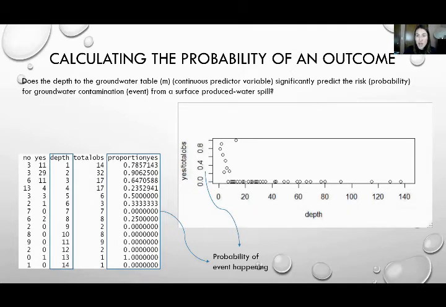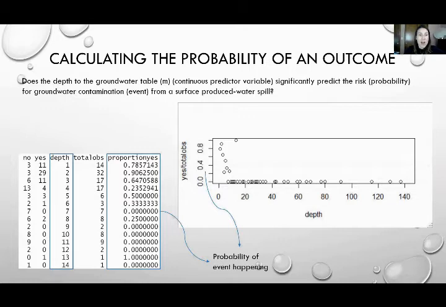This is the actual data that I have. On the x-axis, we have the depth to groundwater. And on the y-axis, we have the probability of an event occurring. In this circumstance, we're looking at the probability of there being groundwater contamination, okay?